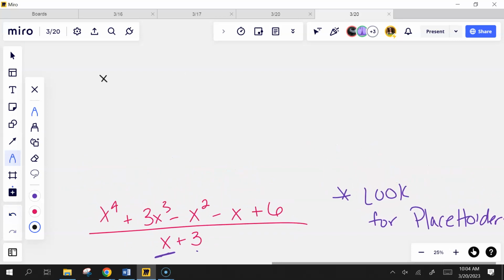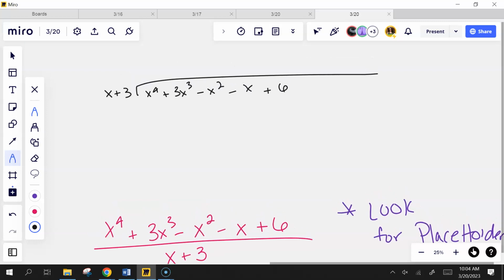We got x plus 3. Do I need any placeholders? What goes up top first? x to the third, because it's x times what gives you x to the fourth, so that would be x to the third. I multiply around. x to the fourth plus 3x to the third. Subtract.